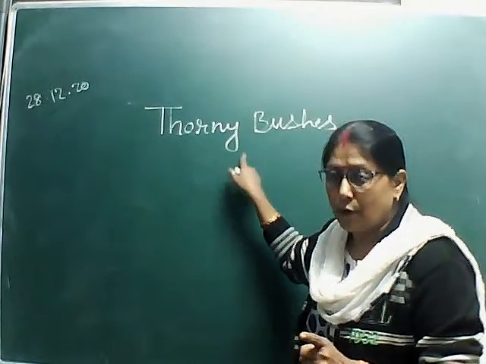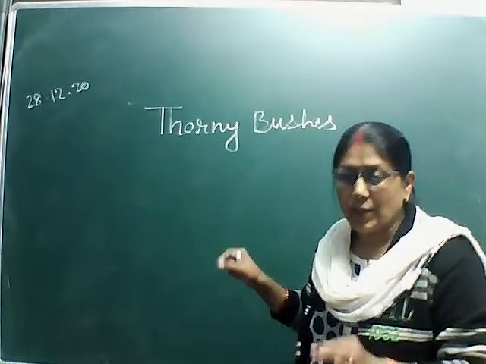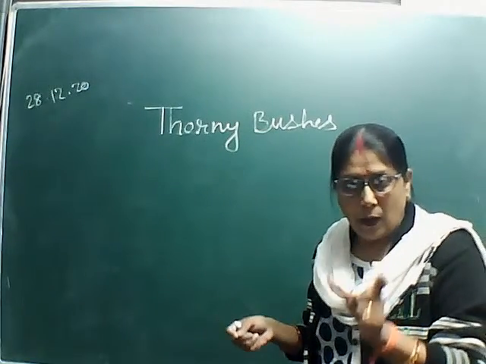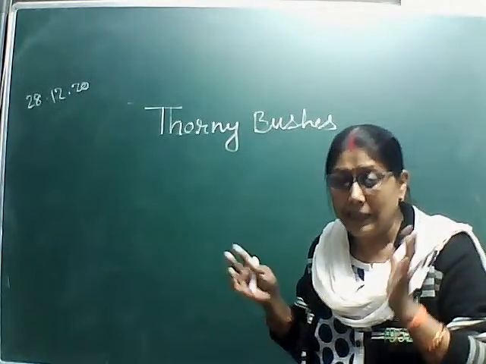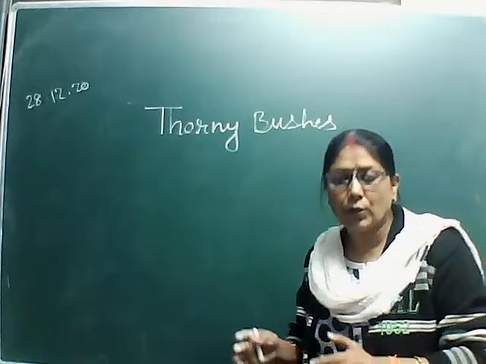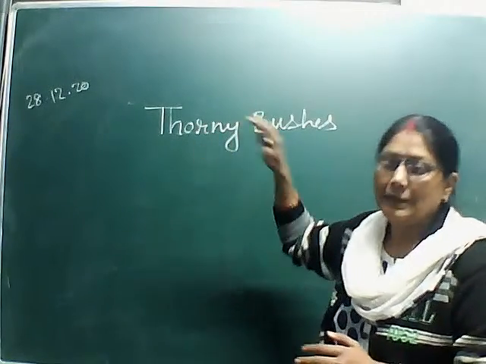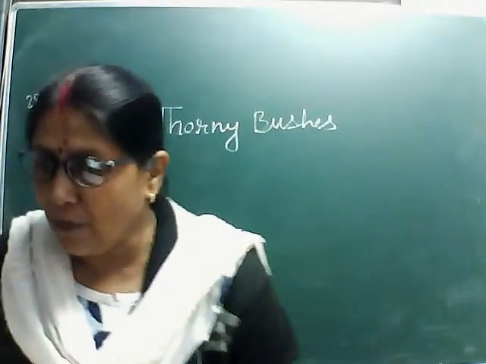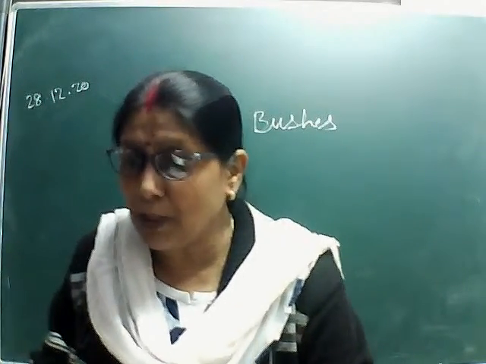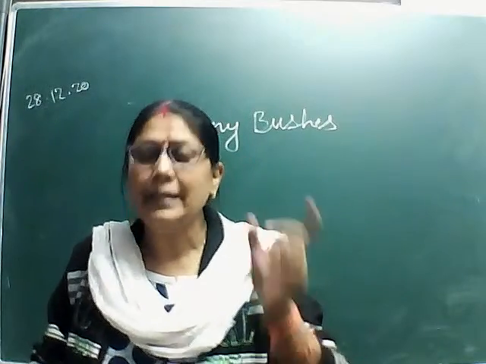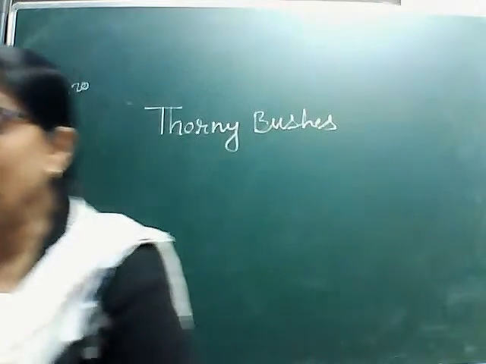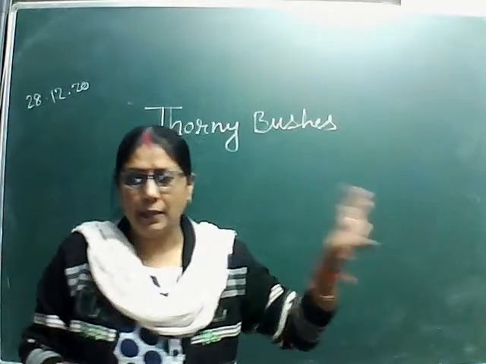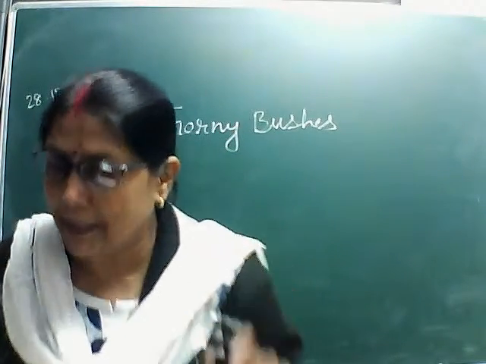So this type of forest can grow in such a specific climatic condition, that is hot climatic conditions and less water. Where less water is there, only this type of vegetation can grow. So you know very well where there is too much heat and less water, that is the desert area. So we can see this type of vegetation in a desert area.